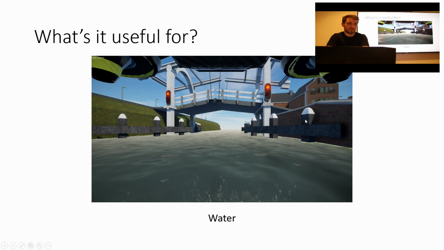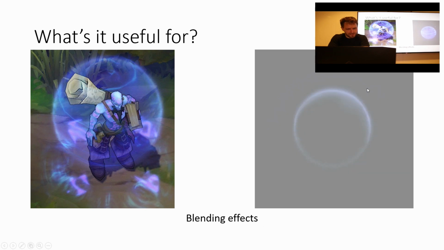Water, that's where it came from. You can make water with it. You can see the effect in action here, like it's reflecting here, and here it's a more normal color. I think this is League of Legends. I'm not sure, I found it somewhere, but they're using a ton of them here to blend all of these different layers together. You have this effect, which is, I think, 4 or 5 different effects that you can see.